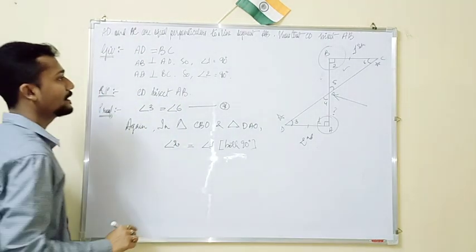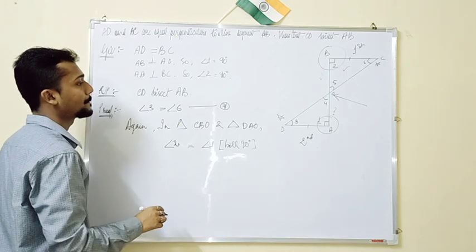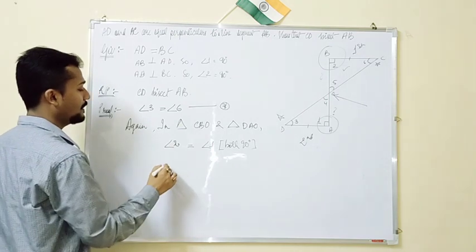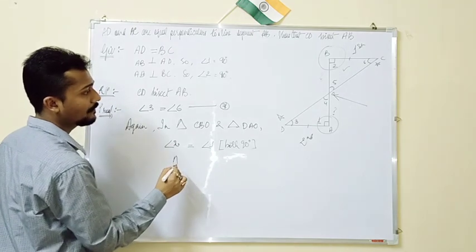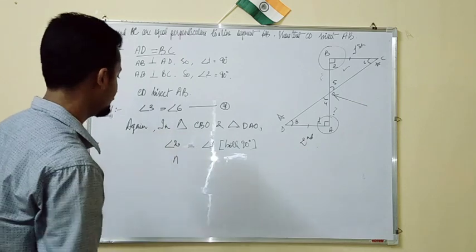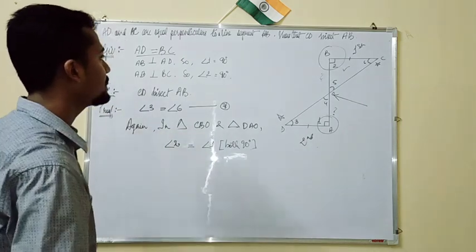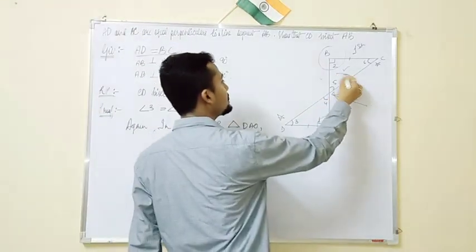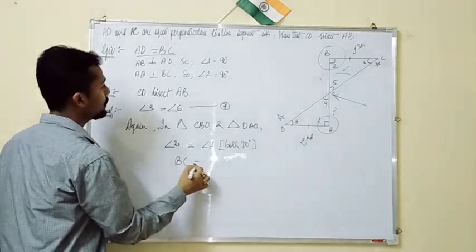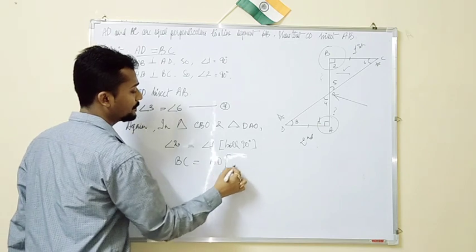Isn't it? Then AD is equal to BC, we have got, isn't it? It is given. AD is equal to BC, but because we are taking this triangle first, we will write BC is equal to AD, given.